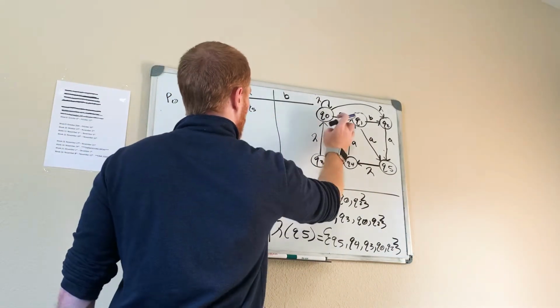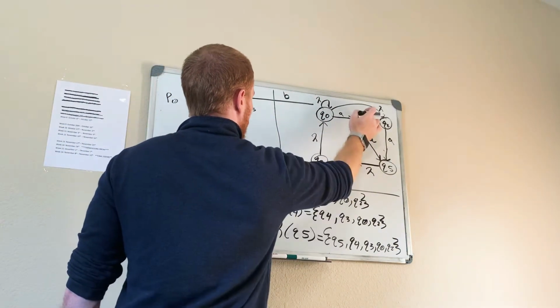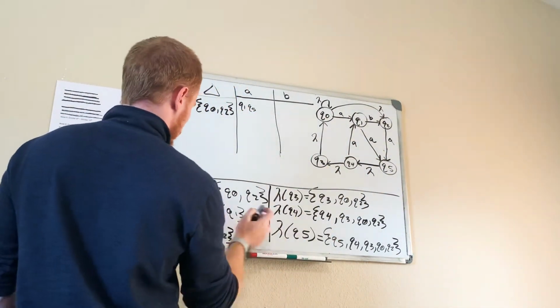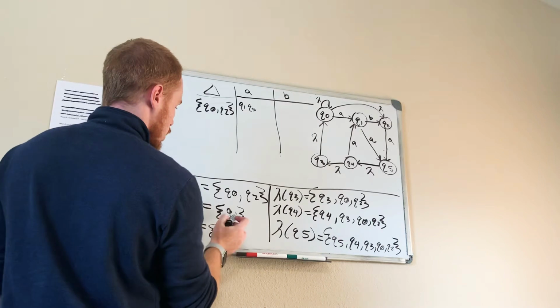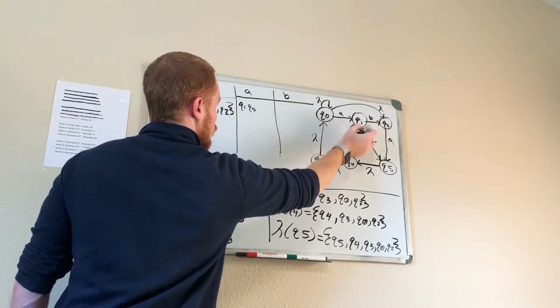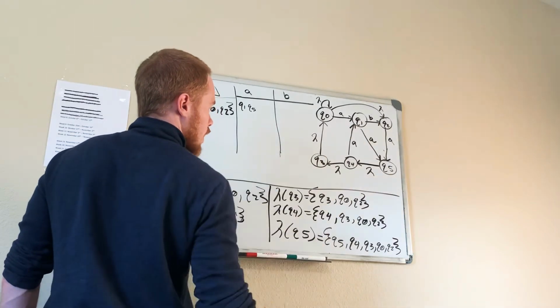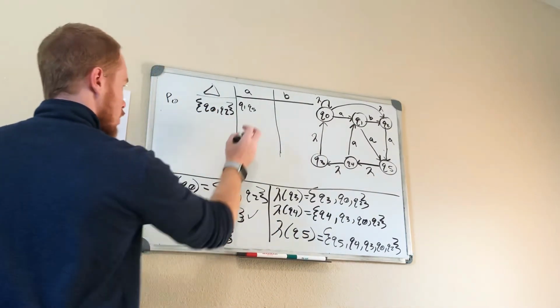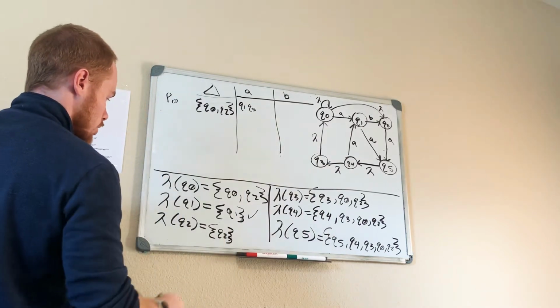We can get to A, but can we use any lambda closures to keep going? No, we can't. We already figured that out in our lambda closure list. If we use input A to get to Q1, we can't use any lambdas to transition, and that's what that says here. So Q1 only has Q1.